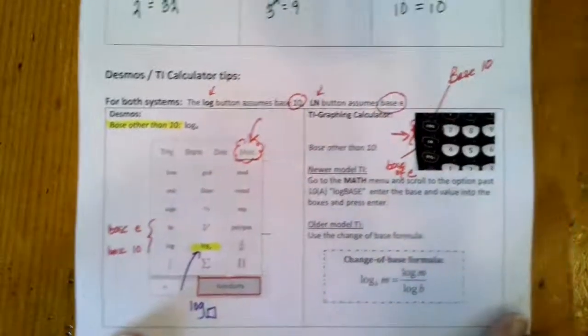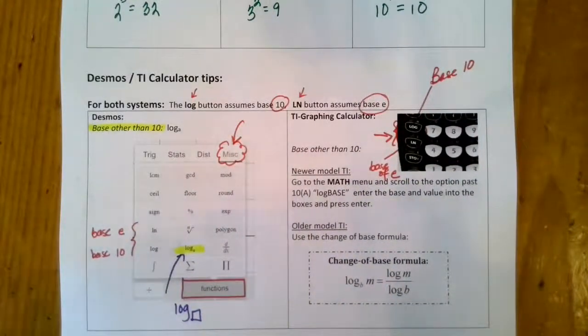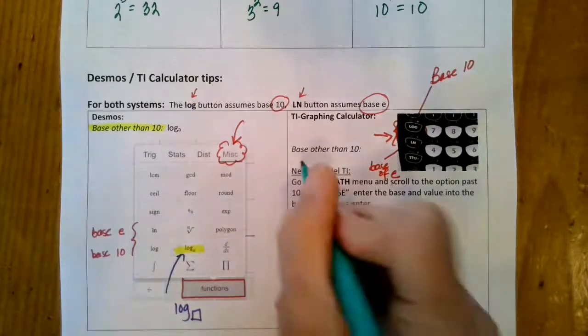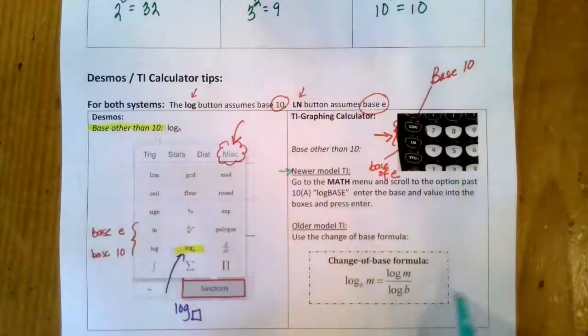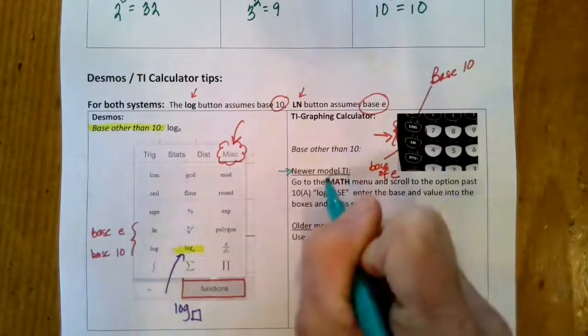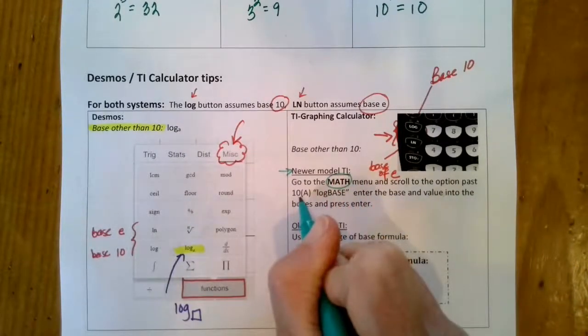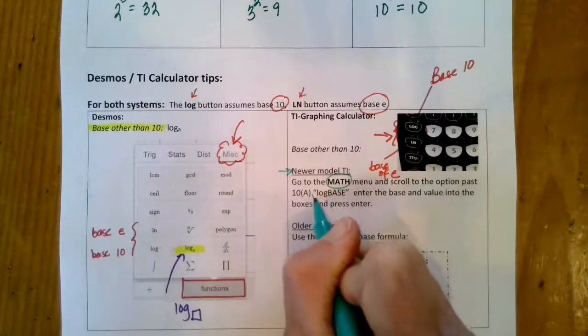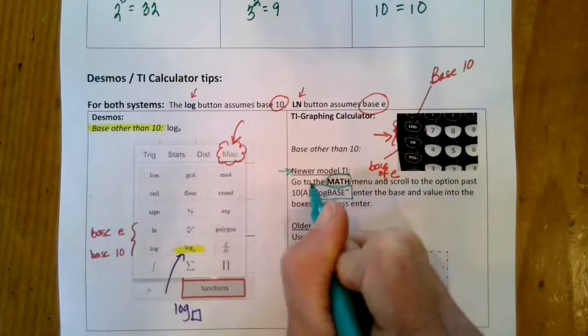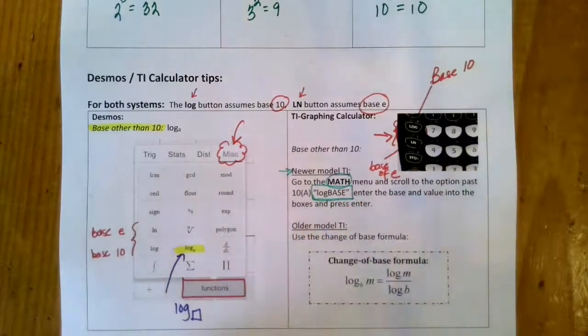Okay, so the calculator is not so simple. We have two different options, and it all depends on whether you have a newer or an older model. If you have the newer model, then it's easy. You have to go to the Math menu, and you're scrolling down past 10. You would think it would be called 11, but instead it goes to A, and they say log base.